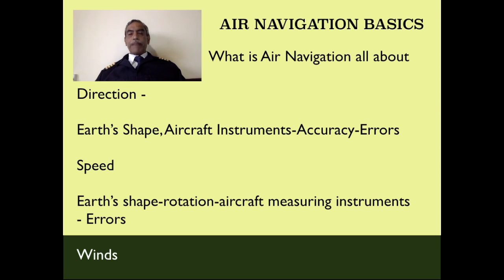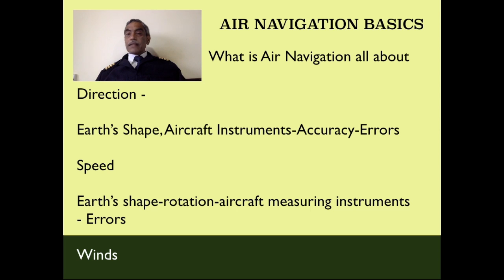The Earth's shape, the aircraft system's accuracy and its errors, etc. And next is the speed of the aircraft, and the technology of measuring speed. Earlier we measured speed with pressure instruments, and now we have inertial reference systems from which the speed is derived.